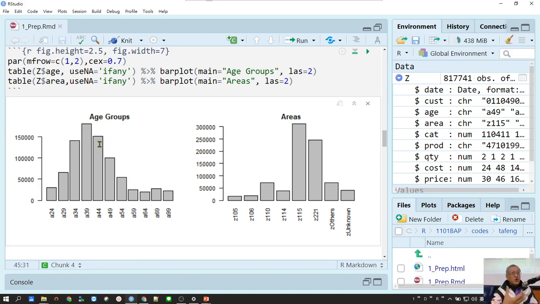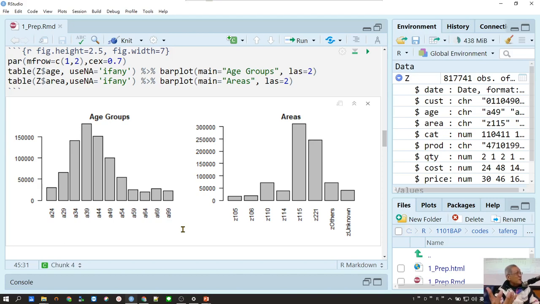What do we mean by distribution? Anyone still remember? Have we ever covered that? That's why I asked you about Professor Li Chen-Chen's course, right? What do we mean by distribution? We say that this is the age group distribution of our customer.